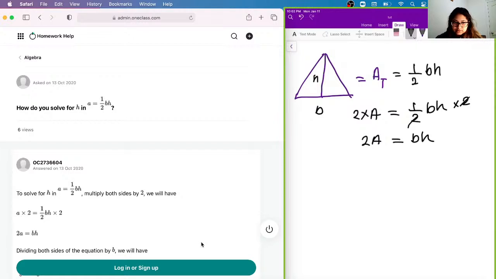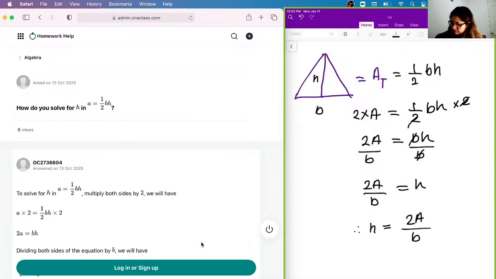The next thing to do is to move the b over, and to do that we divide both sides by b. You're left with 2A over b. So h is equal to 2 times your area over your base.